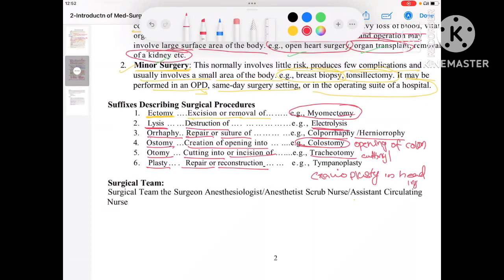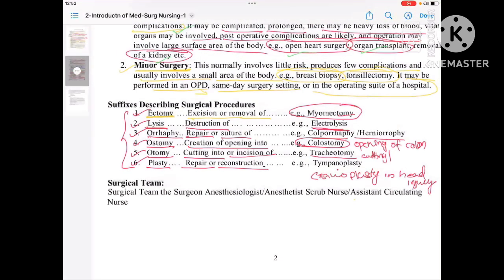These are the surgical procedure suffixes you should keep in mind: ectomy, excision or removal; lysis, destruction; oraphy, repair a suture; ostomy, creation of opening into; otomy, cutting into, incision; and plasty, repair or reconstruction.